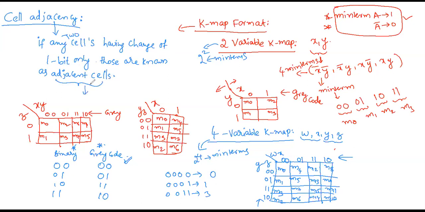But what is the use of adjacent cells? These adjacent cells we can make as a group to reduce the Boolean expression. To reduce the given Boolean equation, adjacent cells we can make as a group.